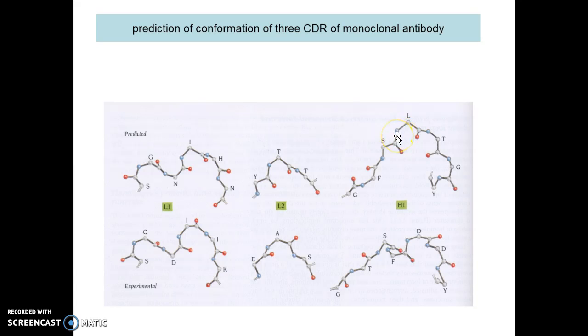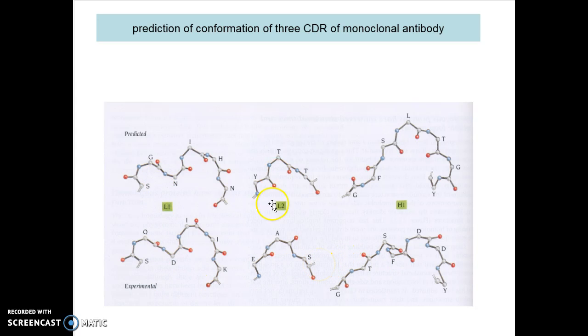The amino acid sequences of the loop regions were modeled by comparison with the sequences of loop regions selected from a database of known antibody structures. The 3 CDRs at the bottom were obtained by X-ray crystallographic studies.